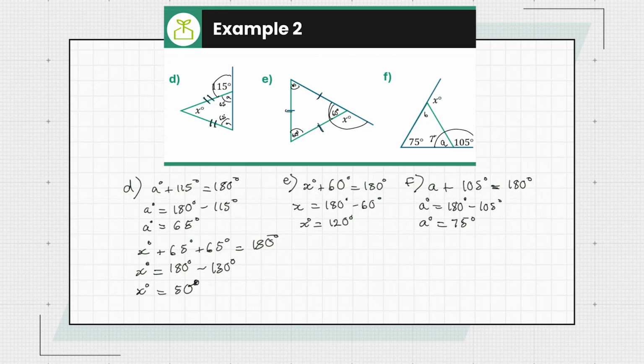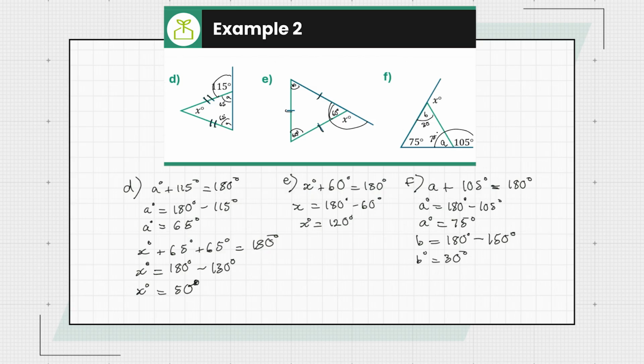Alright, we know this is 75 degrees, we know this is 75 degrees, we do not know what B is, so B is going to be equal to 180 degrees minus our two lots of 75 degrees, which is going to be 150 degrees. That means B is equal to 30 degrees.